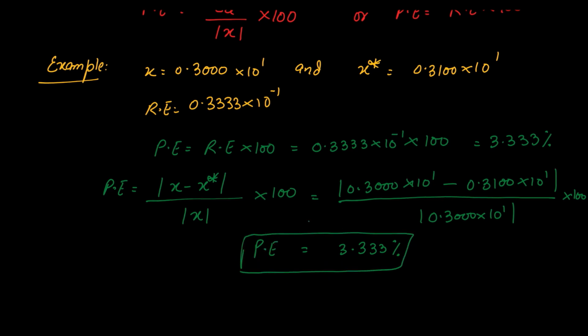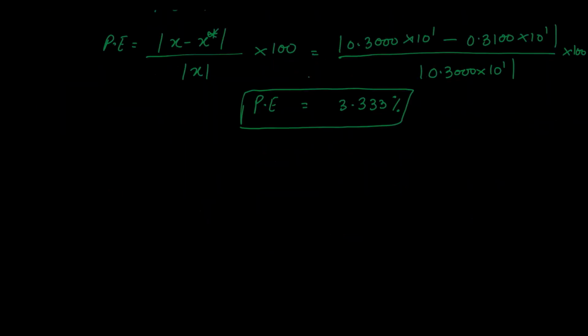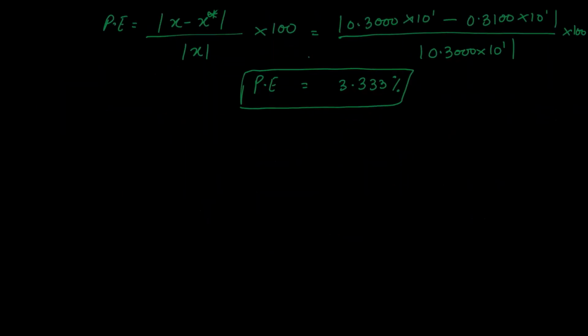Okay, another most important concept is: if we don't have an actual value, then how will we calculate the errors, percentage error, absolute error, or relative error? This is a very important concept because numerical methods are only applied to questions for which the exact solution is not applicable, or we are not able to find the exact solution of the problem. In most cases, we don't have the actual solutions.